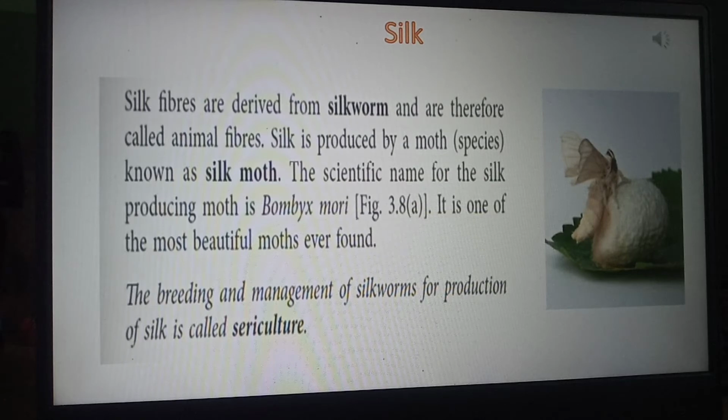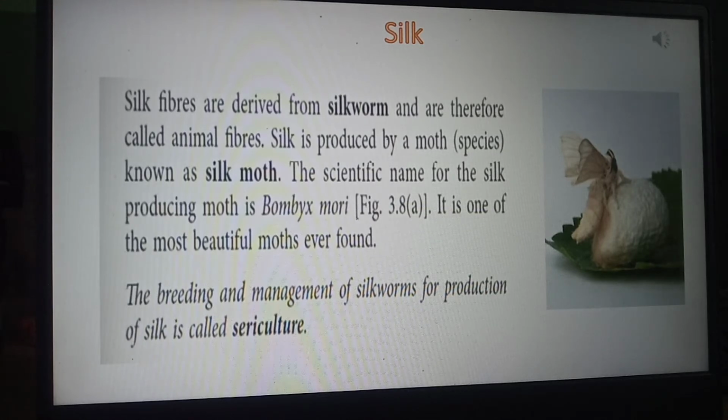First one is the genus, next one is the species. Bombyx is the genus, mori is the species. If you are writing mori, then M should be in small letter. Okay, so this is how scientific name is written. So the scientific name for silk moth is Bombyx mori, and it is one of the most beautiful moths ever found.